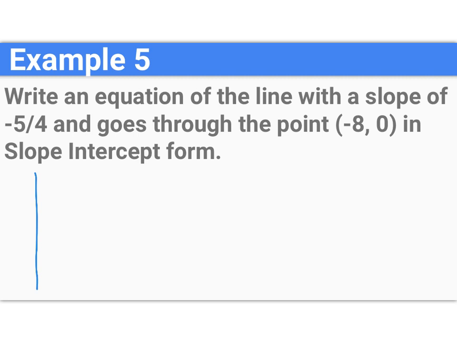So what you can do is start at -8 and then go down 5 and over 4. So this will be -4. This is -5. And your line would look like that. So I'm going to do that first.